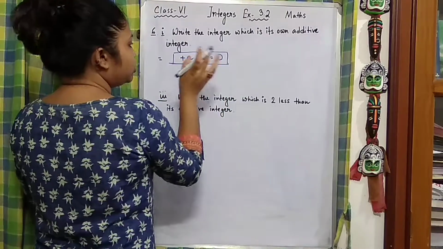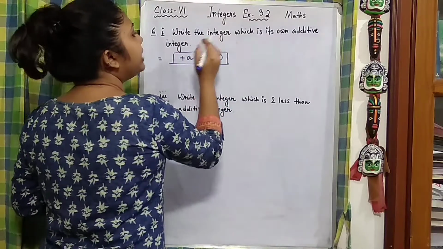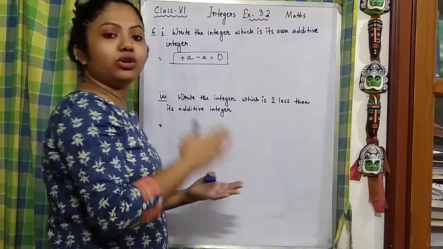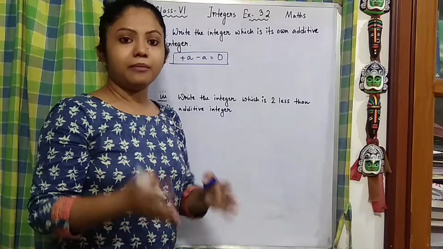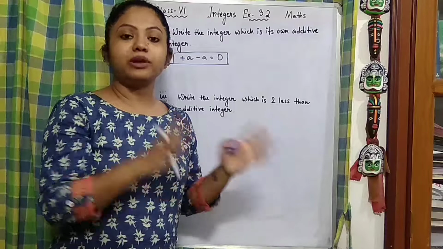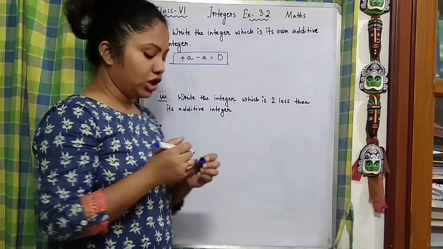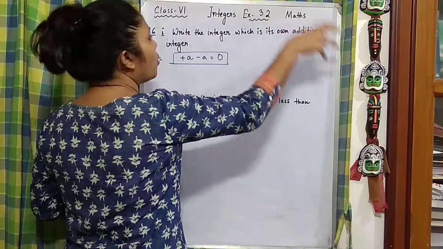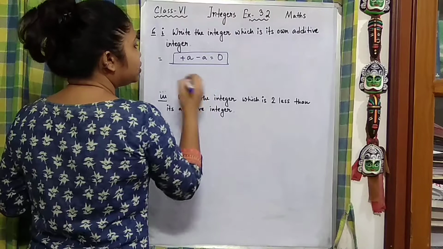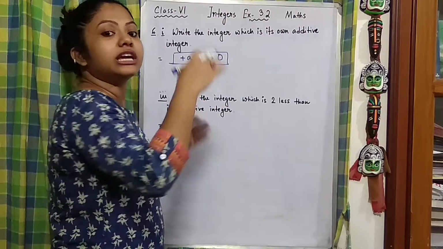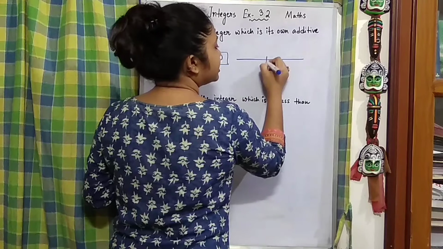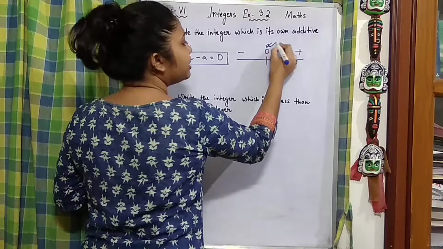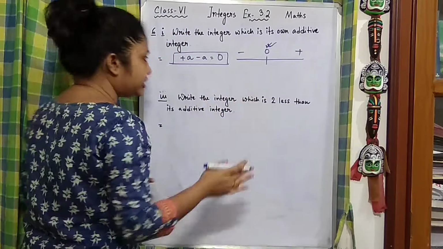So when they ask for the integer which is its own additive integer, +1 cannot be the additive integer of -1, because the plus domain and minus domain are different from each other, right? So when one integer has to be its own additive integer, it needs to be in between the plus domain and the minus domain. So which number is lying in between both of the domains? That is 0, right?